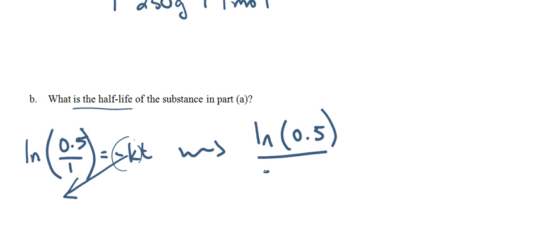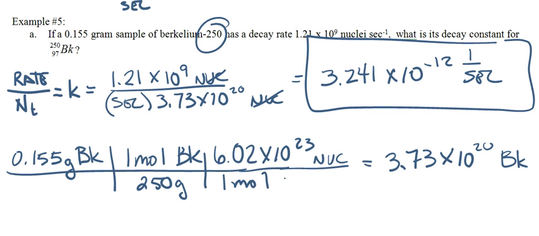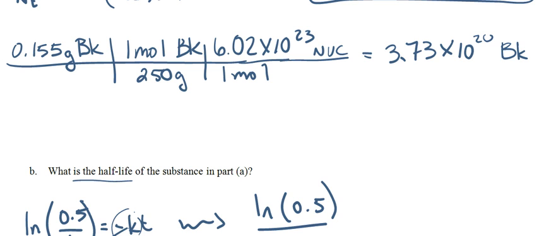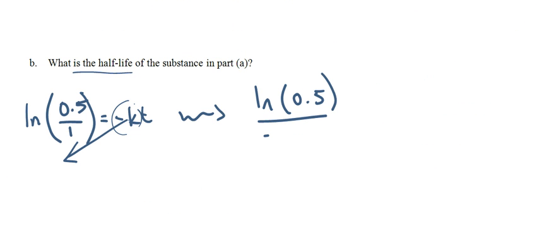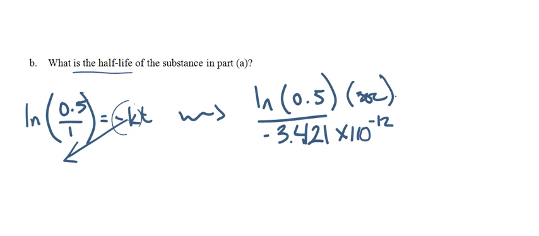And what did we say K was? 3.241 times 10 to the negative 12. And that's per second.